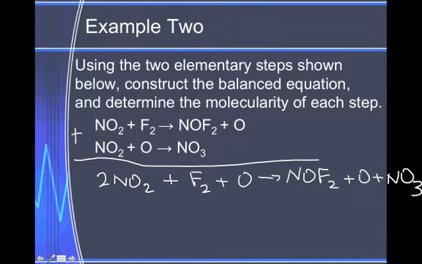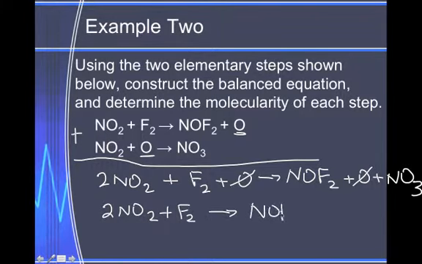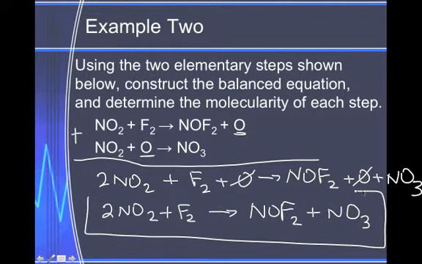All right, now I'm going to cancel out the things that show up on both sides, because that's how we add equations together. If they're on both sides, they get canceled out because it's formed here, then used up here. So my overall balanced equation shows 2 NO2s plus F2 yields NOF2 plus NO3. There's our balanced equation. And both of our elementary steps, or intermediate steps, were bimolecular.